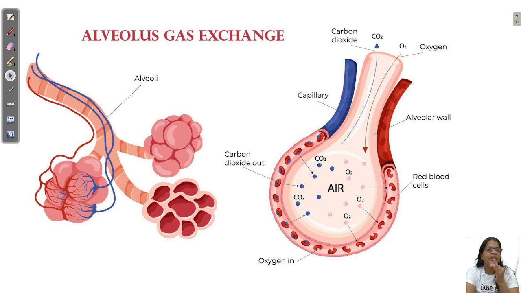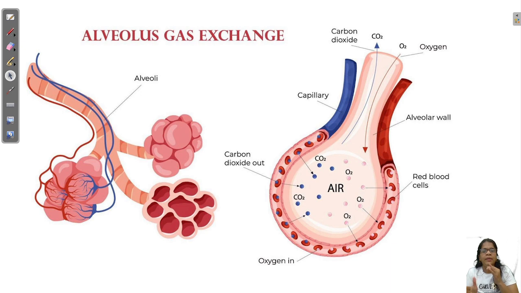That is done by the diffusion process, where the carbon dioxide is released out from the RBC and enters your alveoli. That mechanism is so fast that the alveoli will send the oxygen to the blood and collect the carbon dioxide from the blood, so that it will be moved out from your body.